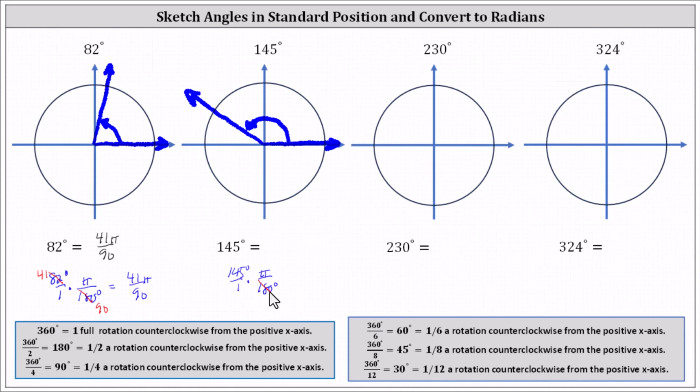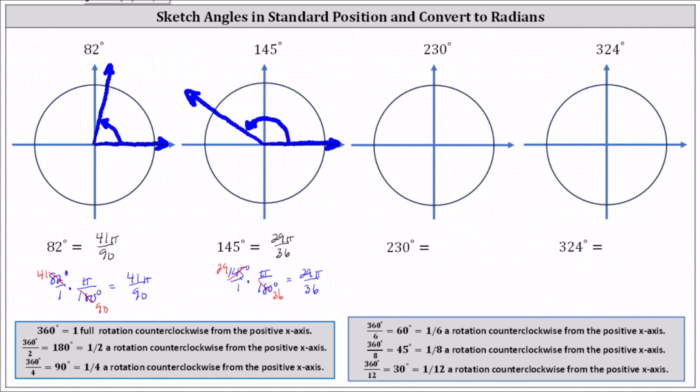There are 36 5's in 180 and 29 5's in 145. 145 degrees is equal to 29 pi divided by 36 radians. I should mention sometimes you will see RAD for radians after the angle, but it's also common to assume if no units are given, the angle is in radians.